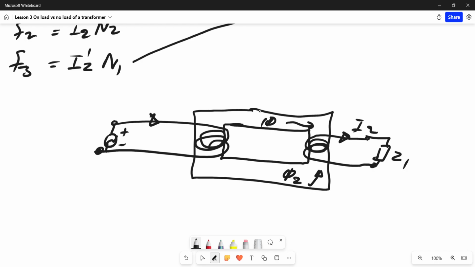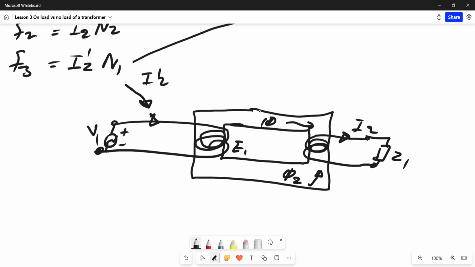Inside this winding there's also I prime 2, the additional current that V1 has released to correct the reduction that happened.